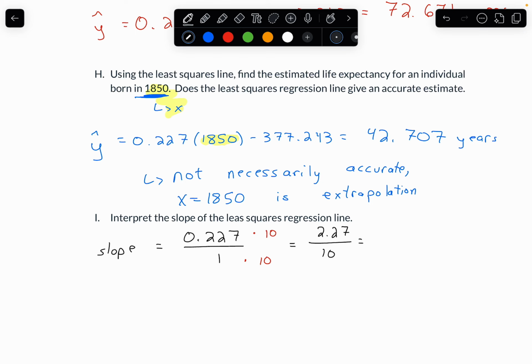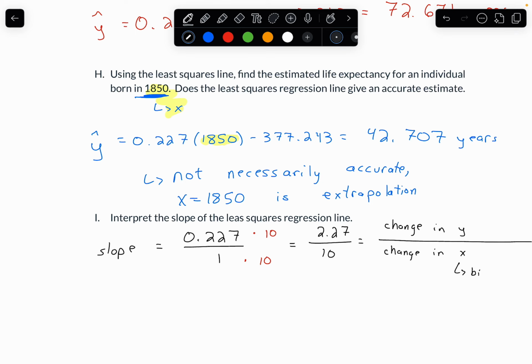So the thing that I want to remember is that slope is change in y over change in x. So it also helps to think about, well, what do x and y represent?